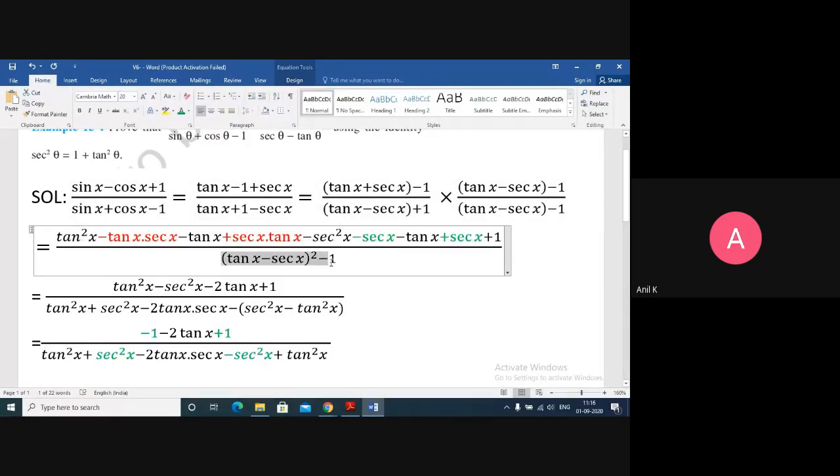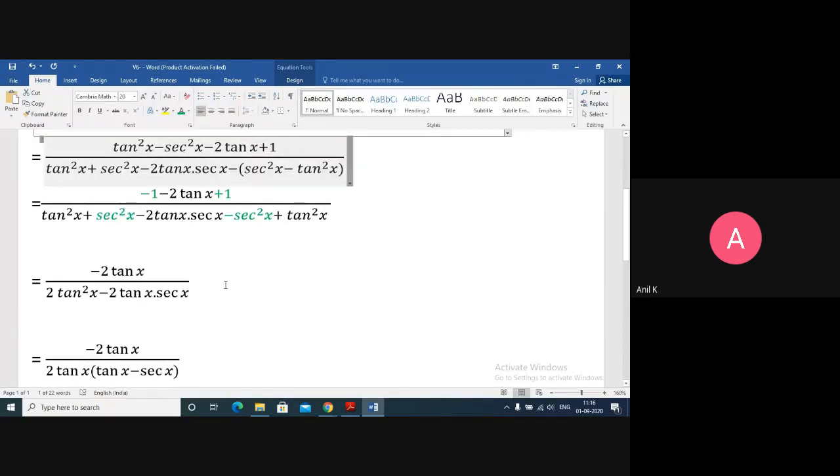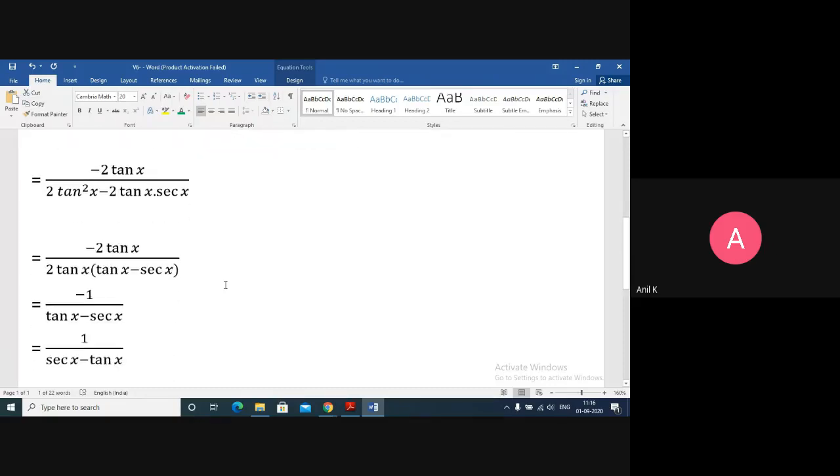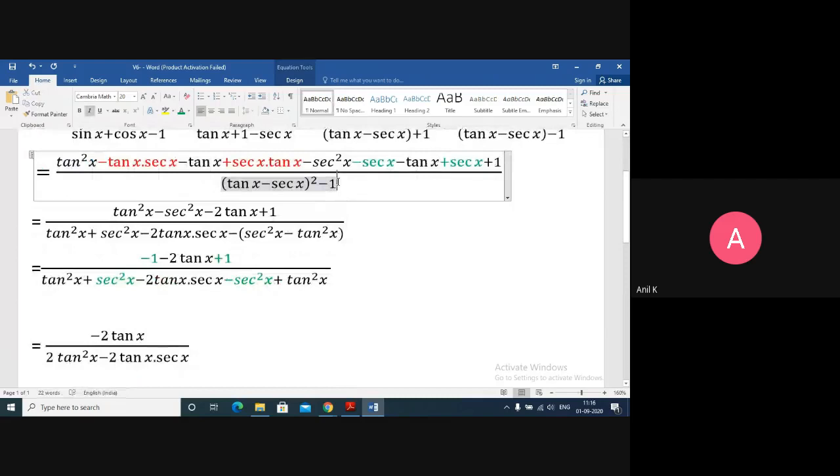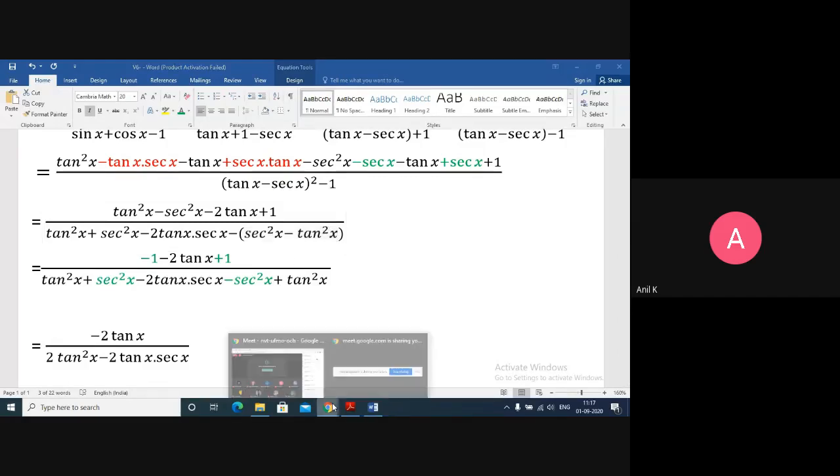Then I cancelled the common terms. Then I used the identities. One more important step here is that in place of 1, I replaced it with sec square x minus tan square x. This is another important step you need to remember. Is this clear for everyone?